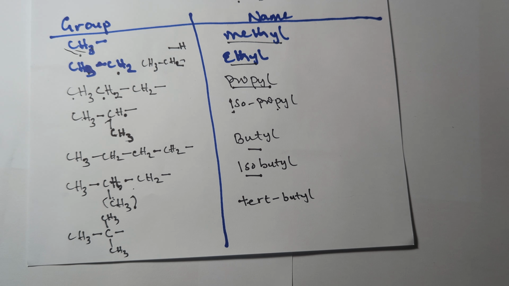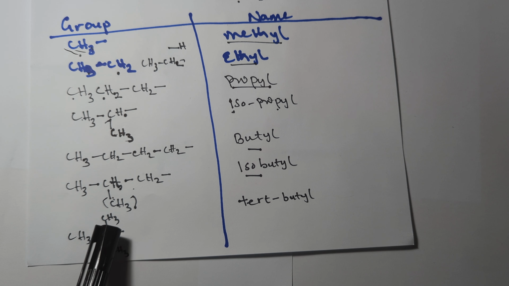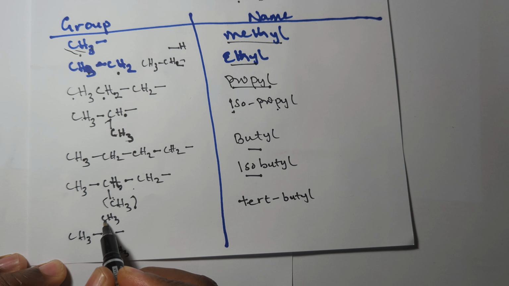In organic chemistry, a carbon can be primary, secondary, tertiary, or quaternary, depending on how many carbons it is bonded to.